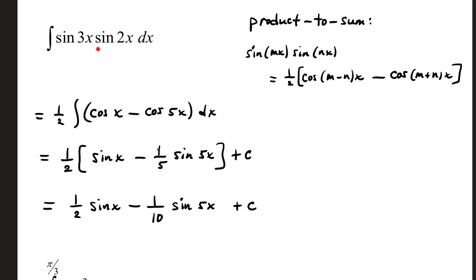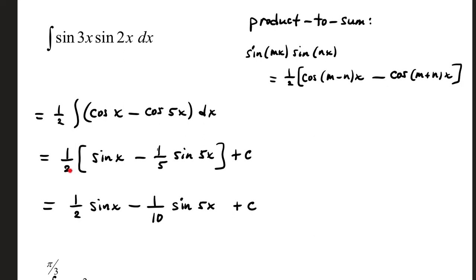Sine 3x times sine 2x, the difference in those is 1x. The sum of those is 5x. So following the expansion in the bracket, this problem can be rewritten as 1/2 times the integral of cosine x minus cosine 5x dx.